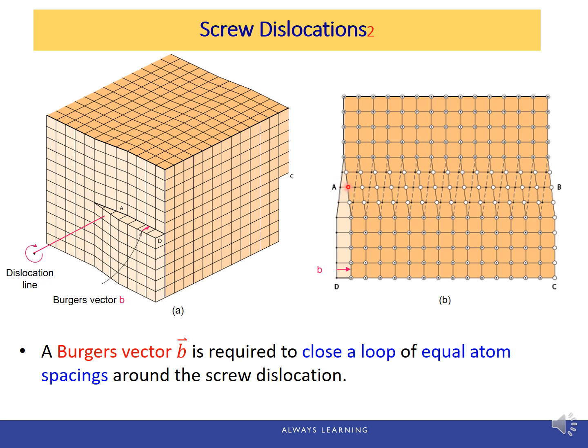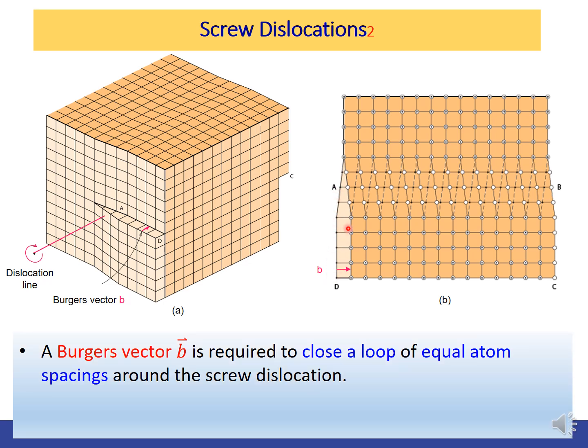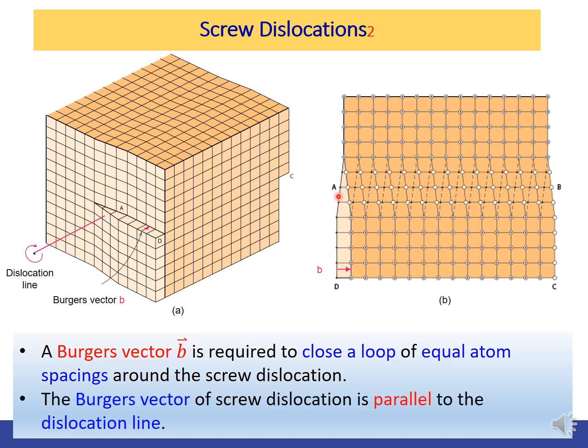The dislocation line is the line AB here, and the Burgers vector is here. So we can see the Burgers vector and the dislocation line are parallel. For screw dislocation, the Burgers vector b is parallel to the dislocation line.